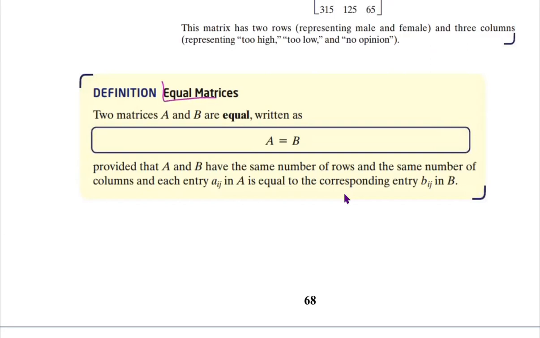If you have 2 matrices that are equal to each other, that means they have the same elements in them, including the same elements at the same position. So if A equals B, that means all the Aij are the same as the Bij.